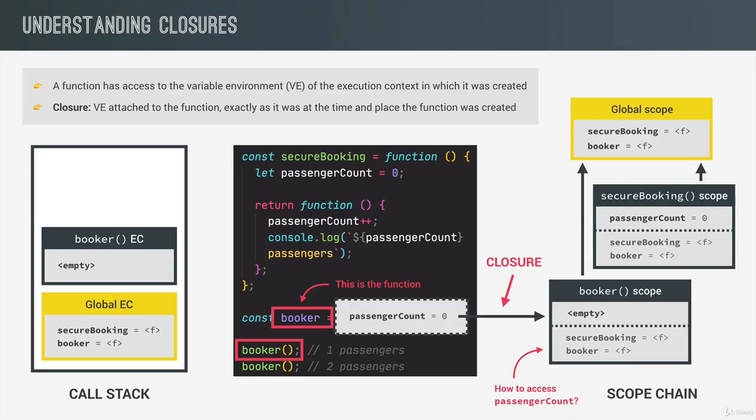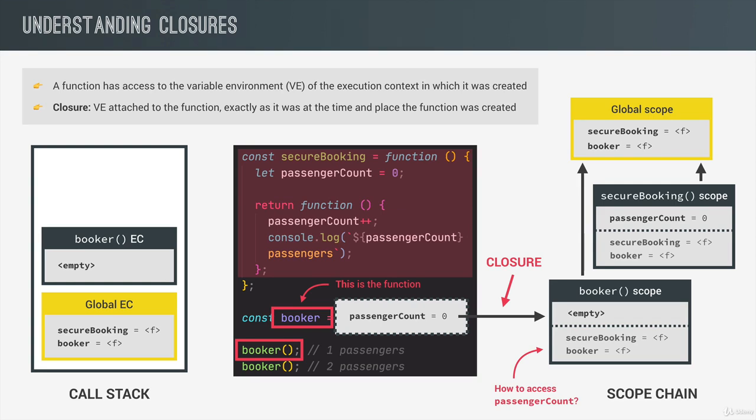This means that even though the execution context has actually been destroyed, the variable environment somehow keeps living somewhere in the engine. Now, we can say that the Booker function closed over its parent scope, or over its parent variable environment. And this includes all function arguments, even though in this example we don't have any.